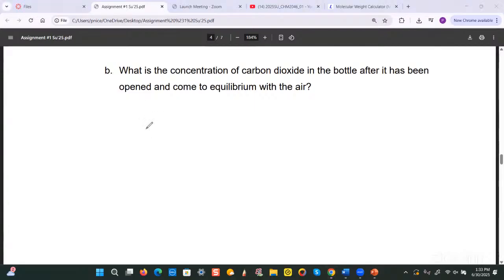C is equal to what? 0.0313 M per atmosphere times 3.4 times 10 to the minus 4 atmospheres.